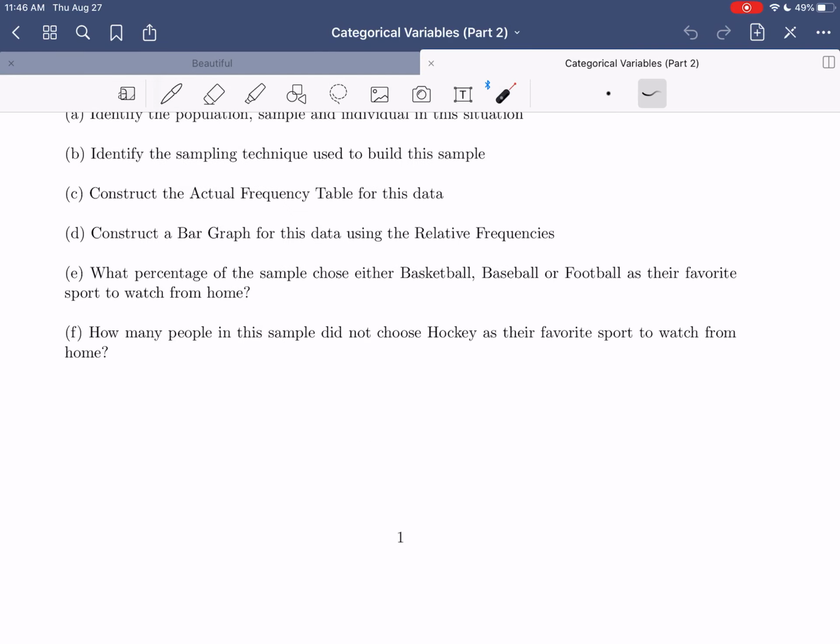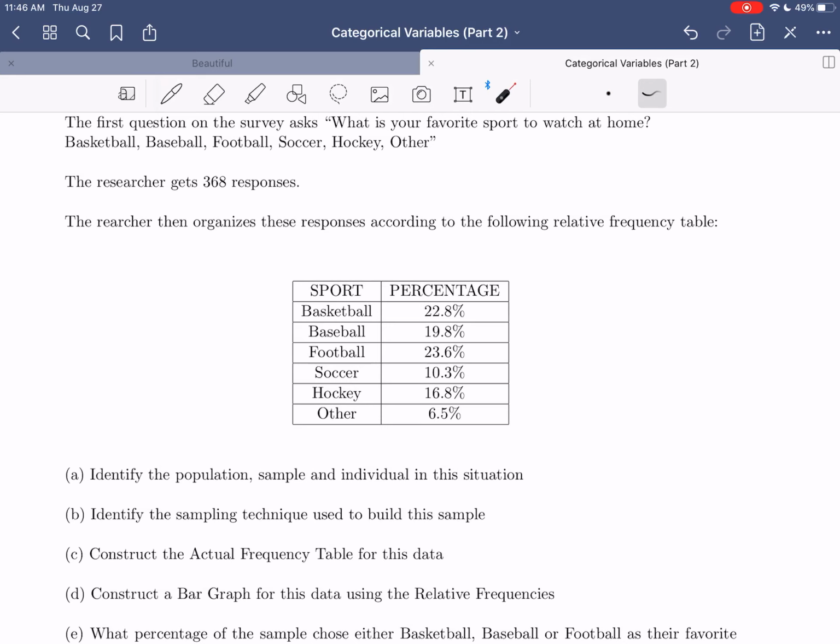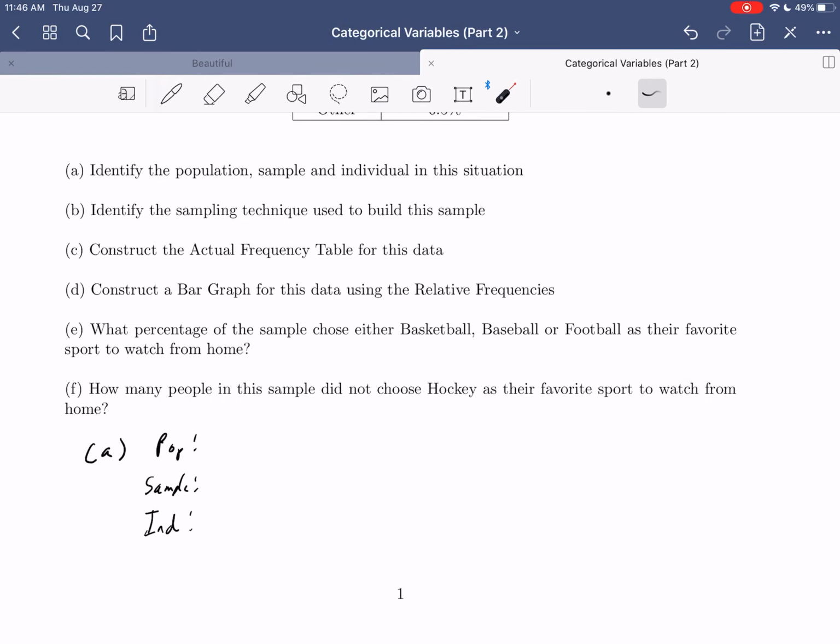So let's start by talking about the population, sample, and individual. Again, I always recommend trying to identify the sample. Who did you actually collect data about? Well, we know that you collected data about those 368 people who responded. So our sample would be those 368. You could just say people, you could say responses.